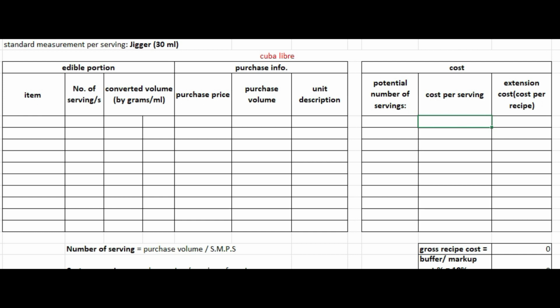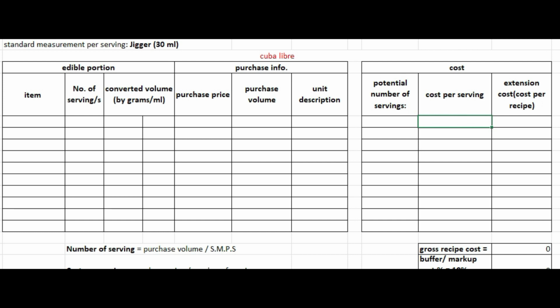Therefore, it is easy for you to do costing based on the number of ingredients that he or she instructed you to add to their drink. For example, your standard recipe requires 3 jiggers of cola with 30 ml per jigger. However, she wants to have 4 jiggers. So it is easy for you to add an additional cost for the additional number of servings.